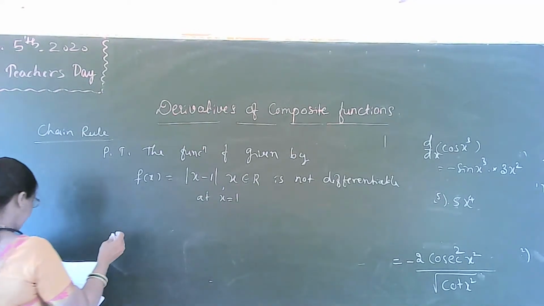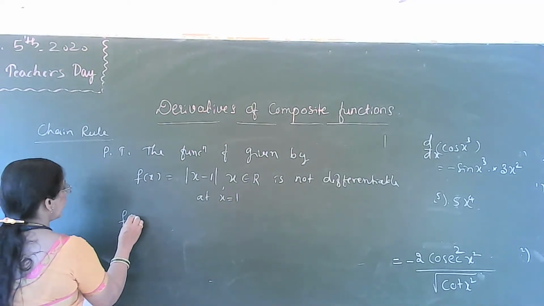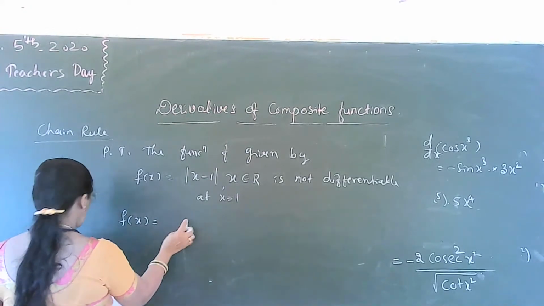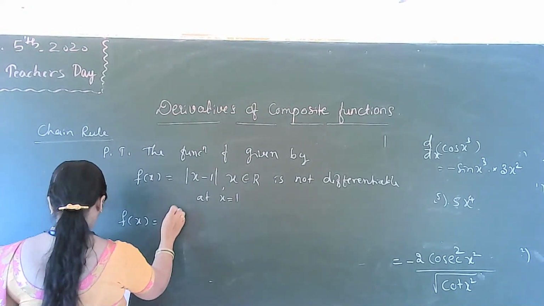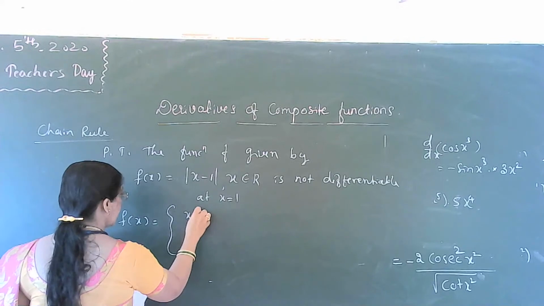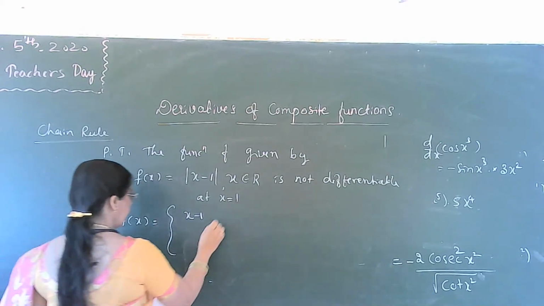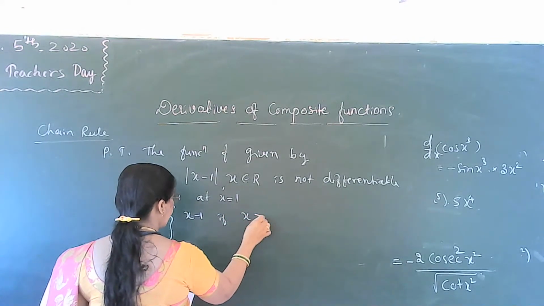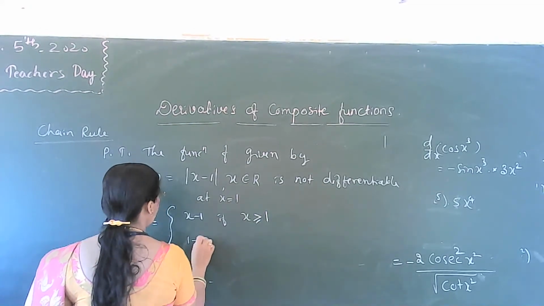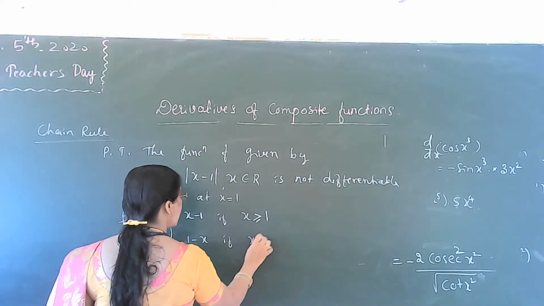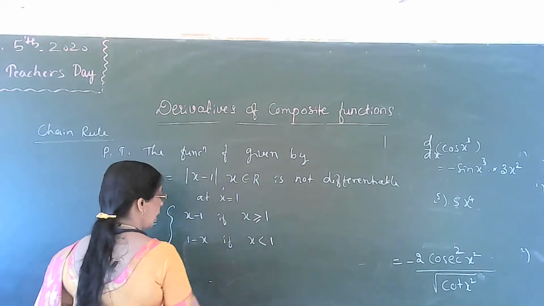Here once again we write the modulus function f of x equal to x minus 1 if x is greater than or equal to 1 and 1 minus x if x is less than 1.